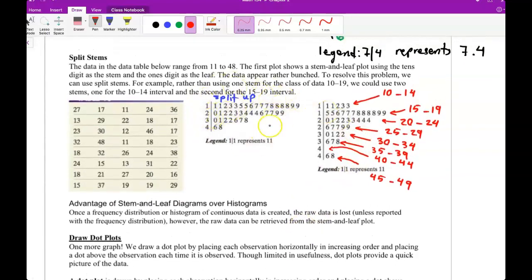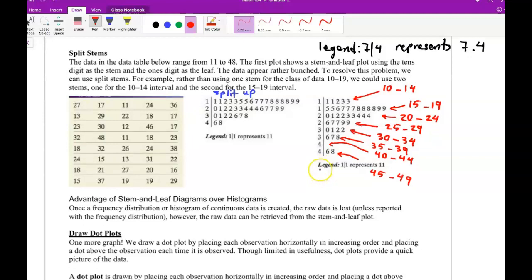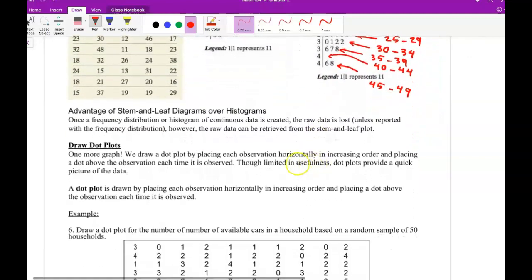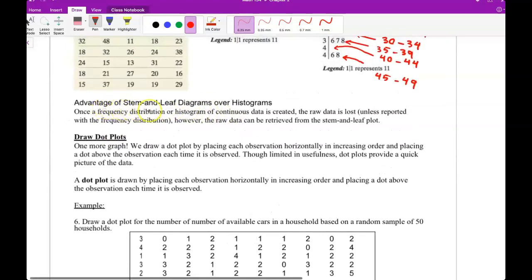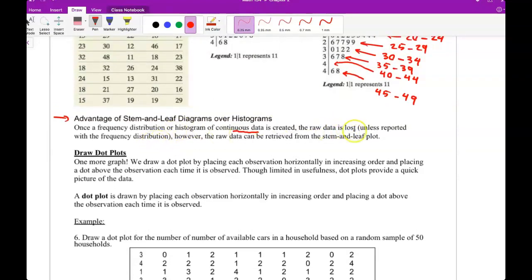Instead of that 1, now we have this part. Here is the advantage of using stem and leaf diagrams over histograms. Once the frequency distribution or histogram of continuous data is created, data is lost unless reported with the frequency distribution. However, the raw data can be retrieved from the stem and leaf plot.